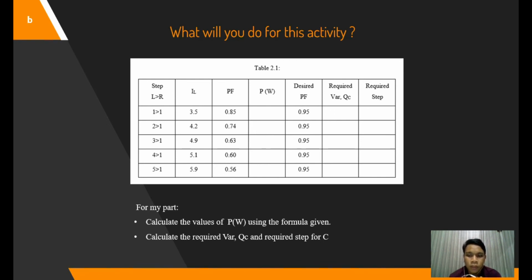The formula will be square root 3 times VL IL cos theta, where cos theta is the power factor, and then calculate the required VAR QC or reactive power and the required step for C. The formula for QC will be P times bracket tangent theta 1 minus tangent theta 2, and the required step for C will follow the table given.